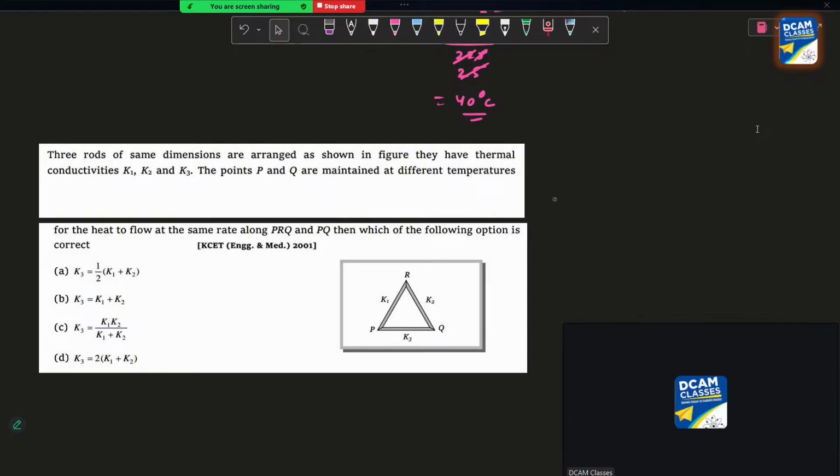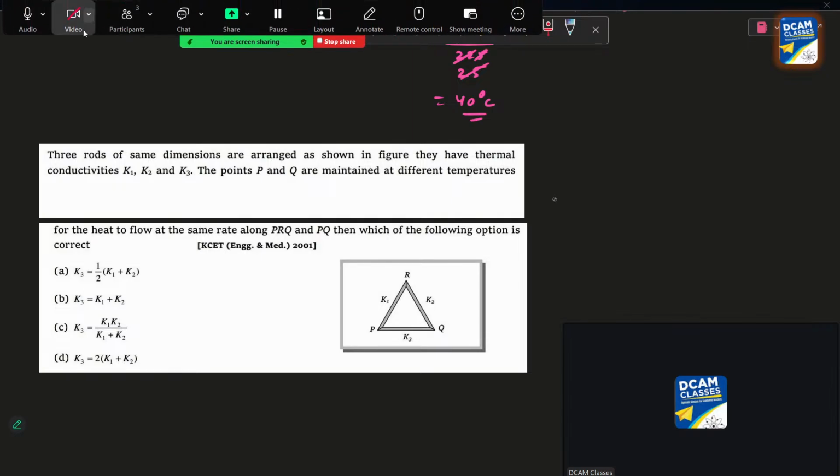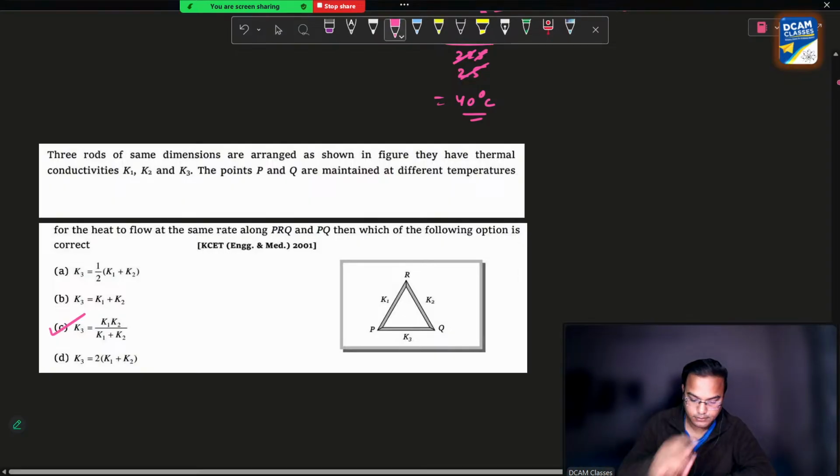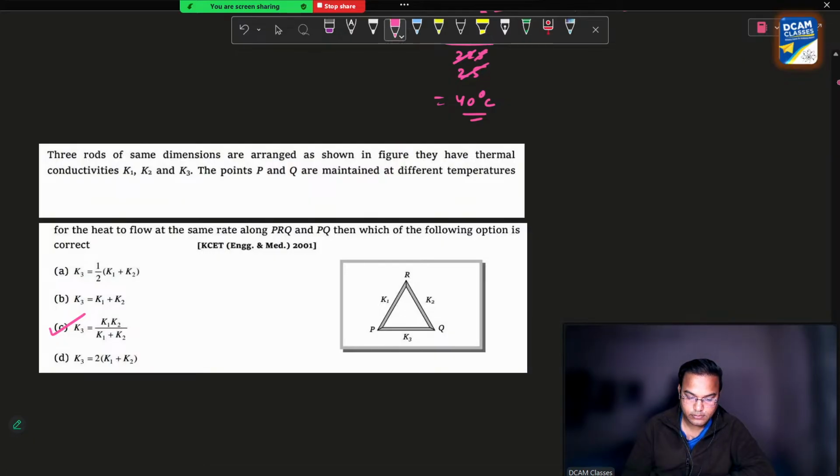C. Good. Very good. You solved it correctly. Acha. Now let me give you another. It was asked in IIT JEE, and also in MPPT.